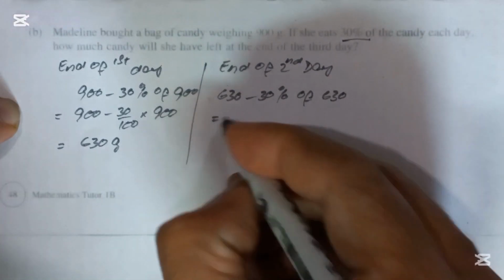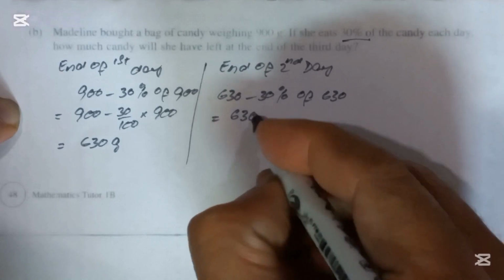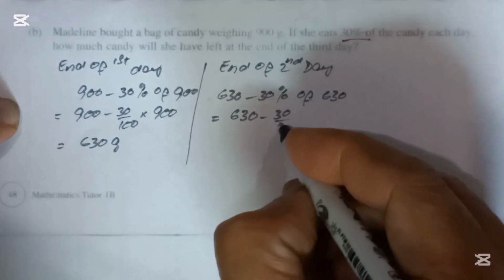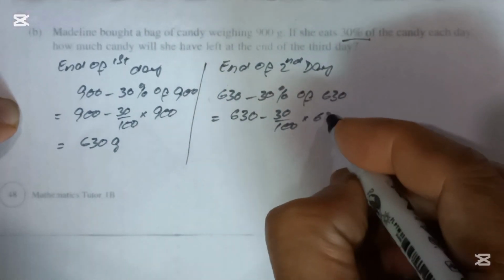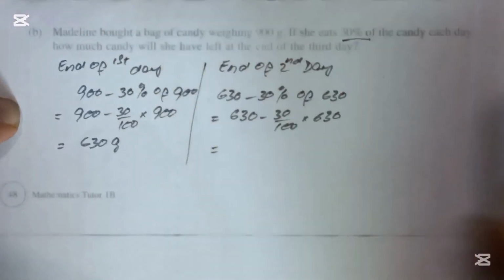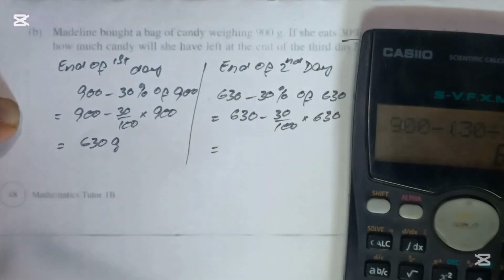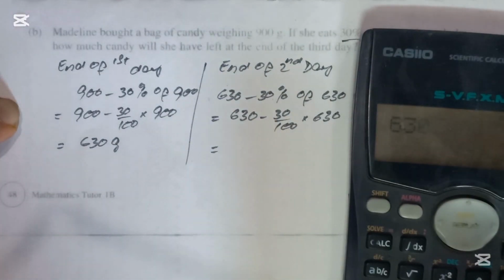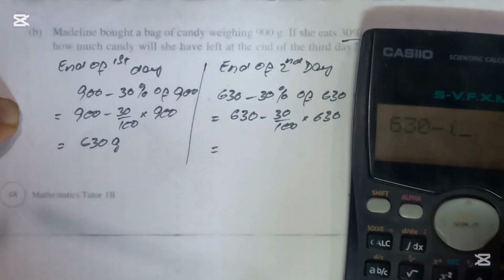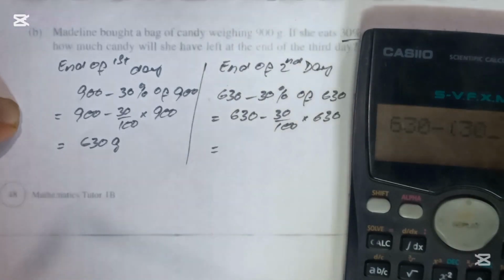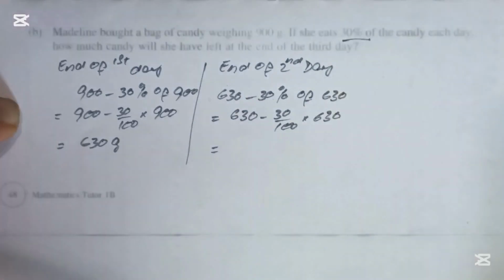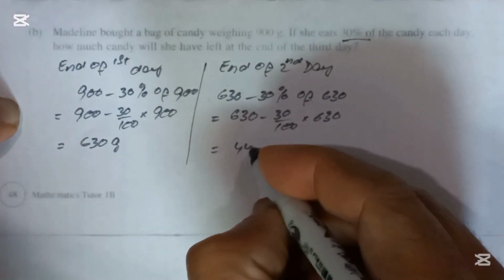So this will again be solved. 630 minus bracket start 30 divided by 100 multiplied by 630 bracket close is equal to 441 grams.